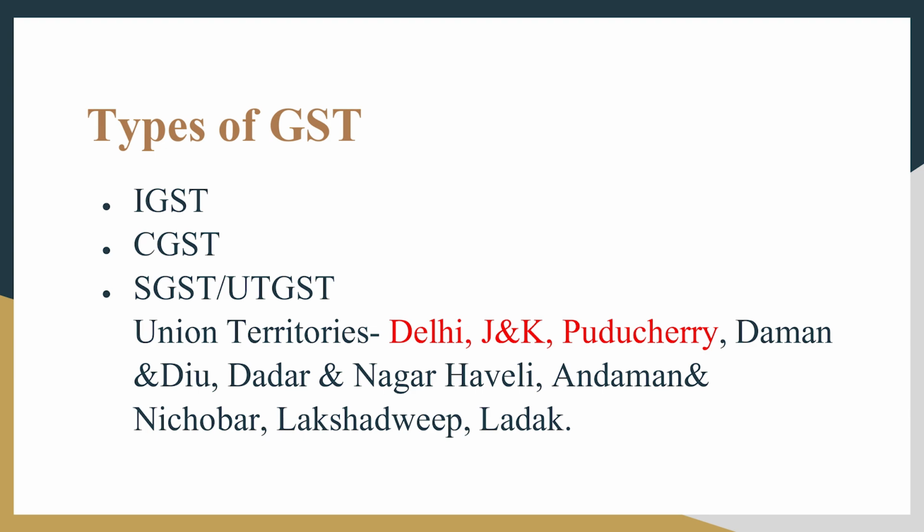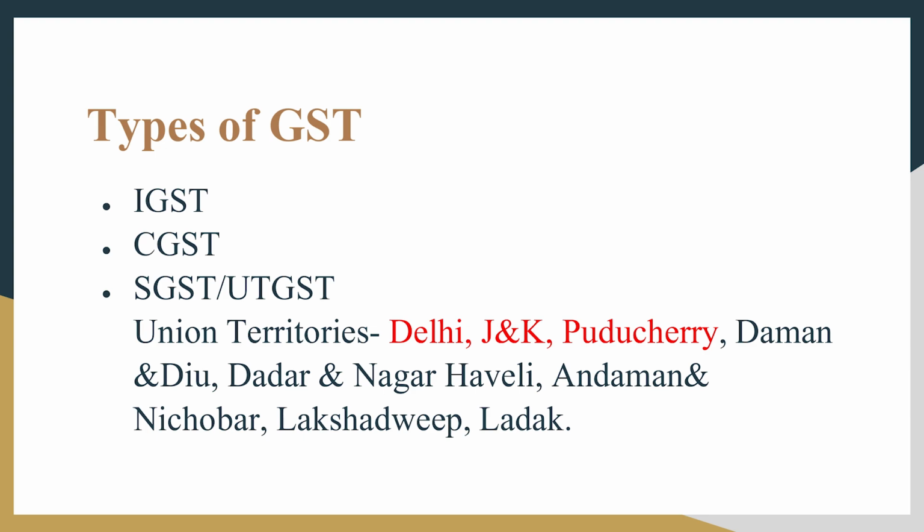You can refer to the PPT: Delhi, Jammu and Kashmir and Puducherry. These 3 have their own state governments, while the other 6 are controlled by the central government. That is why in these 3, UTGST will not be charged; SGST will be charged.